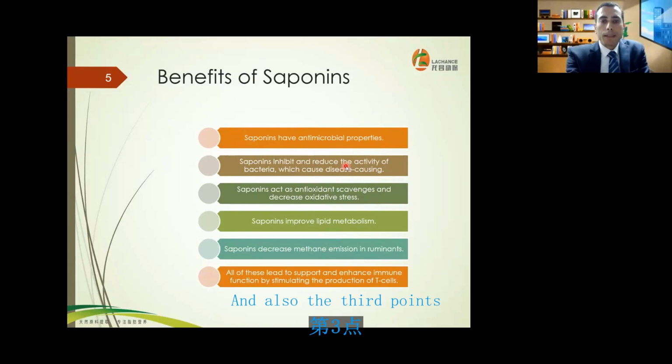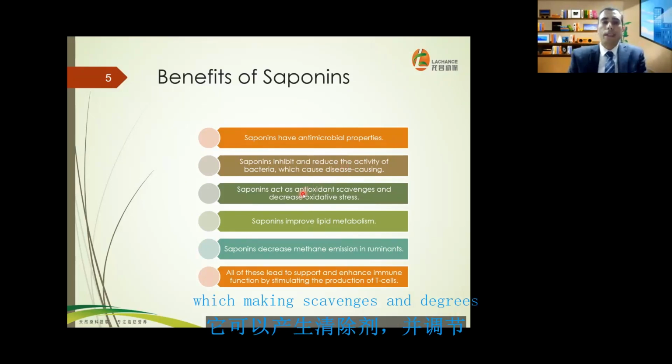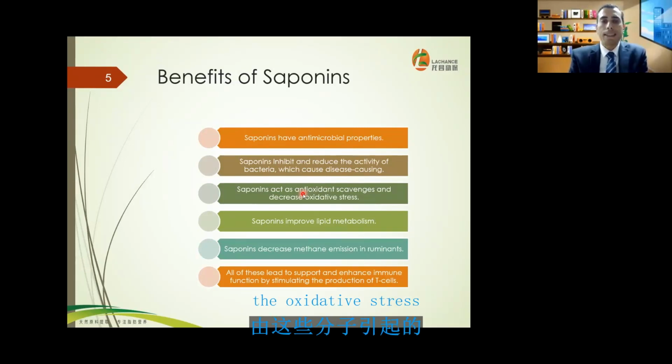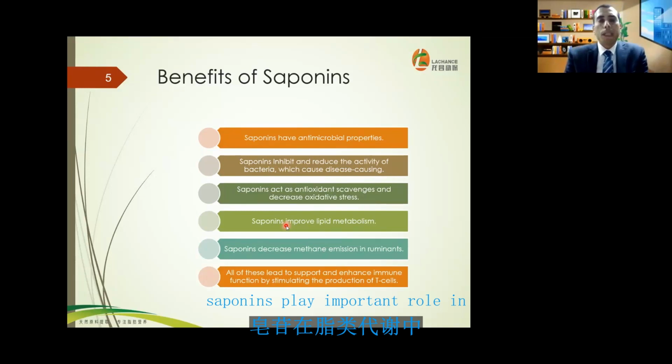The third point, saponin acts as an antioxidant, which scavenges and decreases the oxidative stress caused by these molecules. In the fourth point, new research confirmed that saponin plays an important role in lipid metabolism.